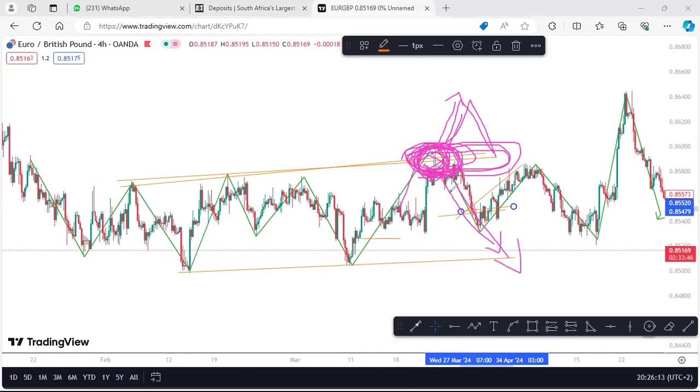First, you expected it to go down, and then it broke out. This time around, instead of selling, we are expecting it to buy, to go up. So what was previously a resistance, after a breakout, becomes a support.